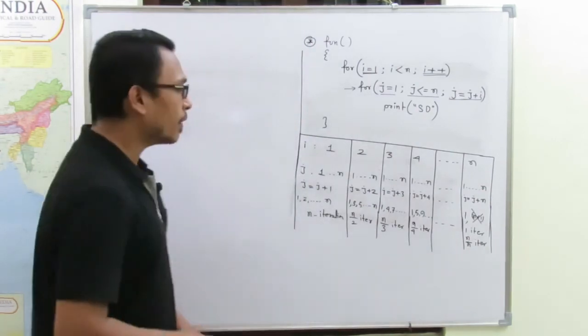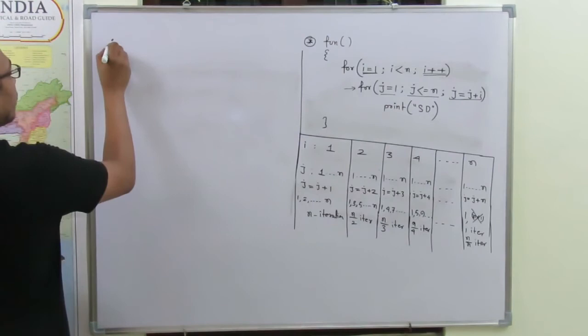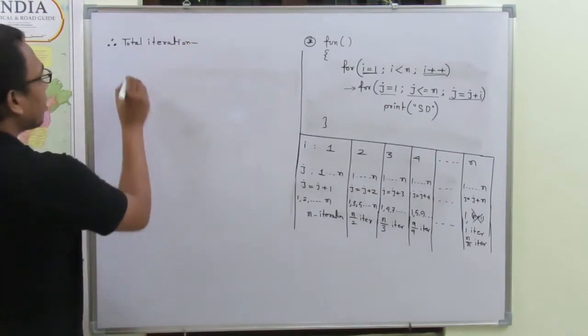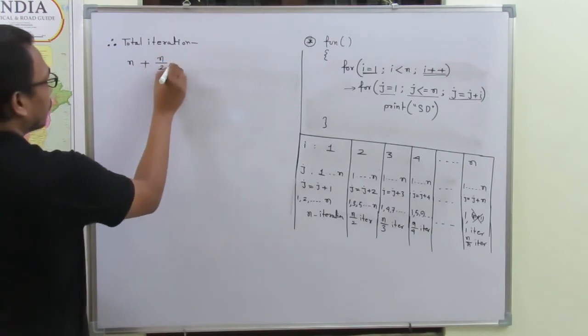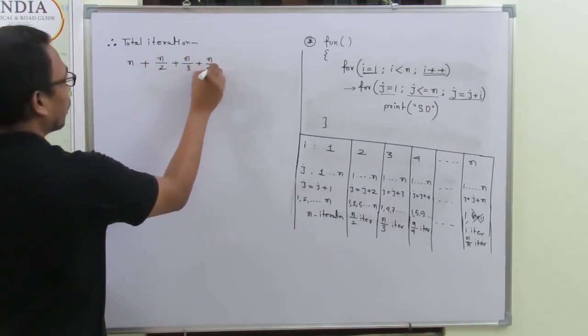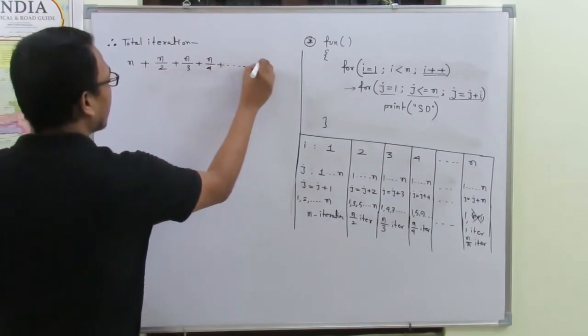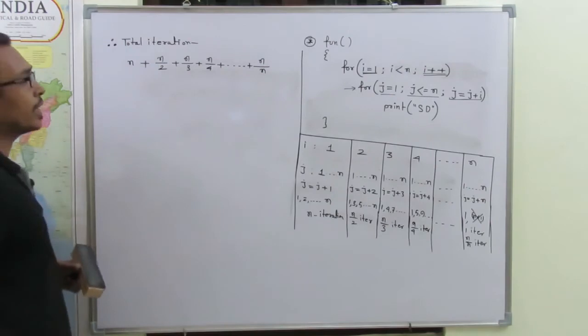That means the total number of iterations will be n plus n by 2 plus n by 3 plus n by 4 plus, like that, n by n iterations. These are the total iterations.